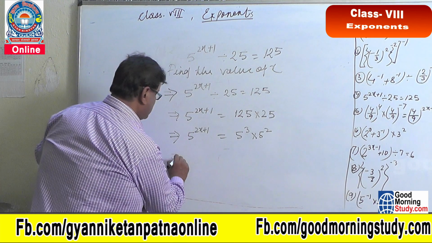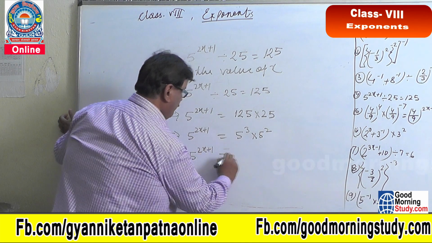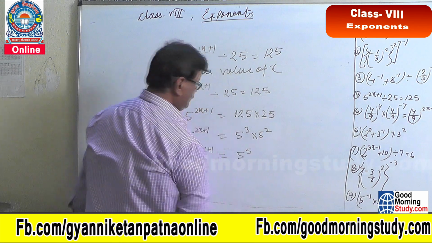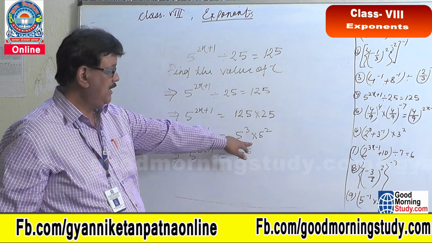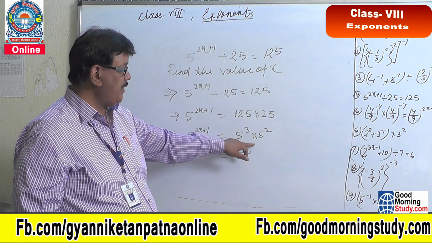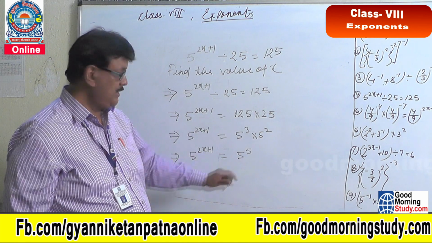Now in the last step, 5 raised to the power 2x plus 1 will be equal to 5 raised to the power 3 plus 2, that is 5. Properties of exponent. First property of exponent: a raised to the power m into a raised to the power n is a raised to the power m plus n.